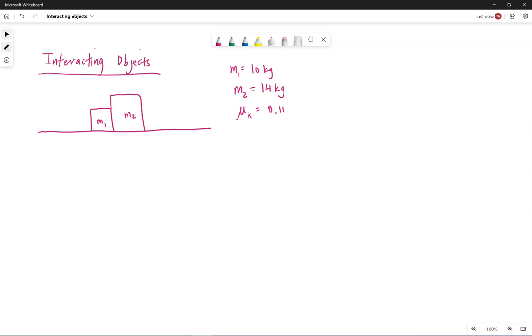If that is the case, then the coefficient of static friction would probably be approximately 0.15, because typically the coefficient of kinetic friction is approximately 75% of the static friction. That's not always the case, but it's pretty common, so it's okay to use that as a generalization.